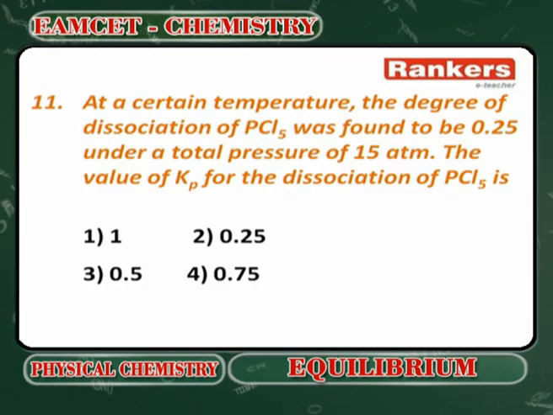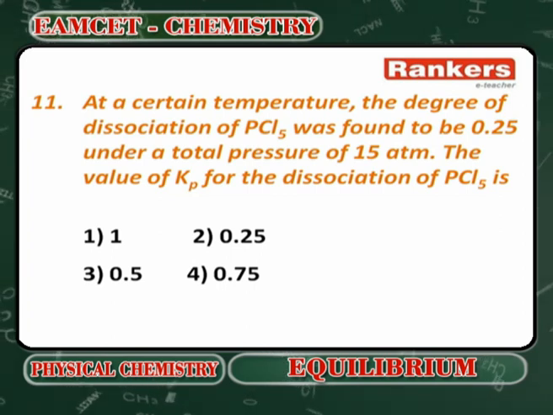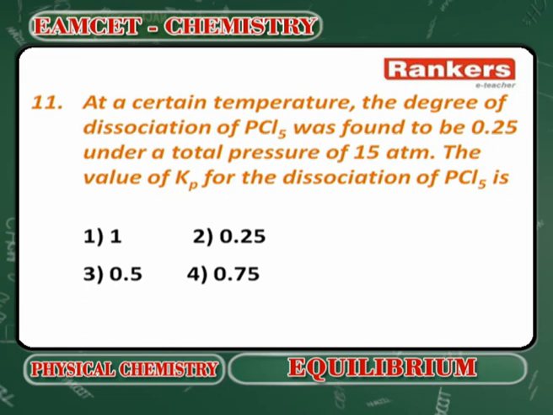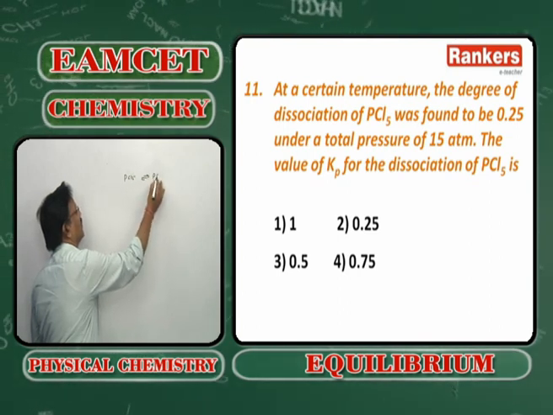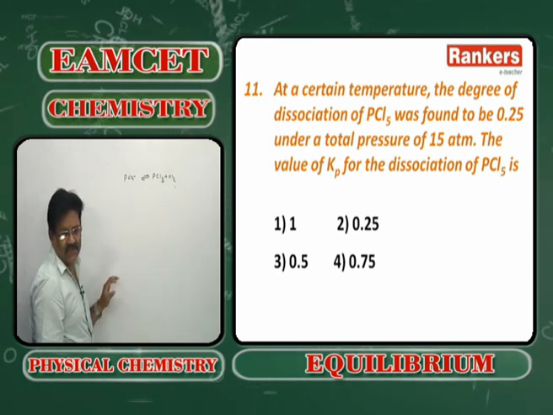At a certain temperature, the degree of dissociation of PCl5 was found to be 0.25 under a pressure of 15 atmospheres. What is the value of Kp for the dissociation of PCl5? So PCl5 gives rise to PCl3 plus Cl2.